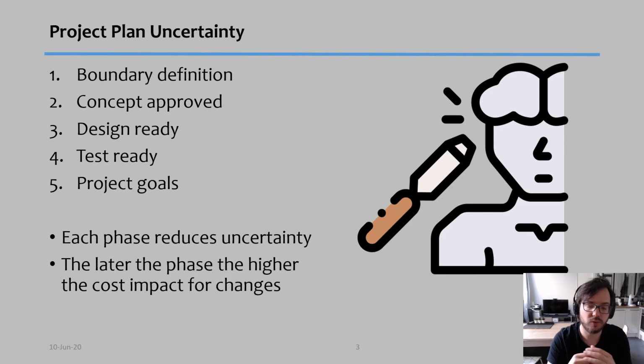So each phase will reduce uncertainty, but there's a problem as well. And that problem is that the later on you find out a risk or a problem, the impact to change your project will be much higher. So in other words, the later on you realize that something must be done, the more it will cost to have that done. All right.